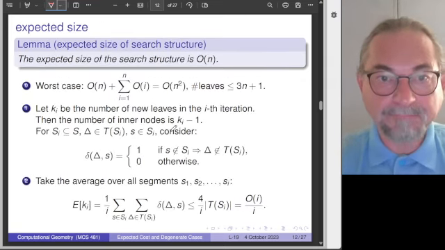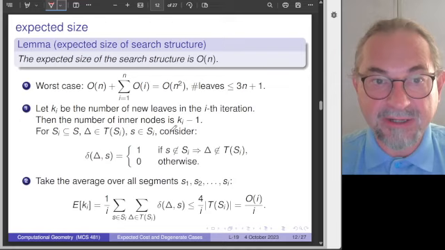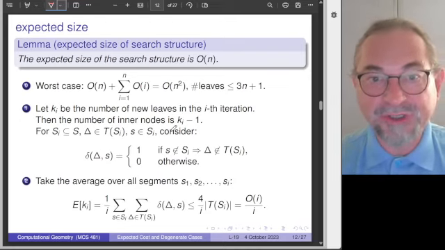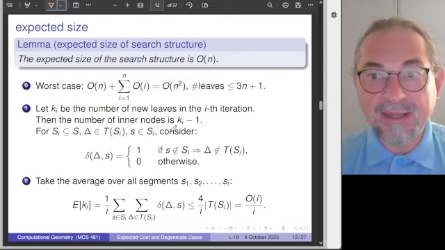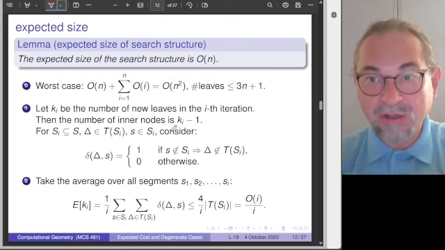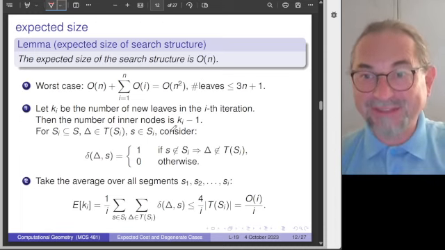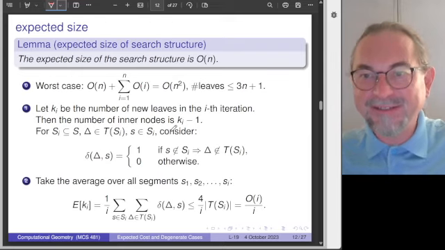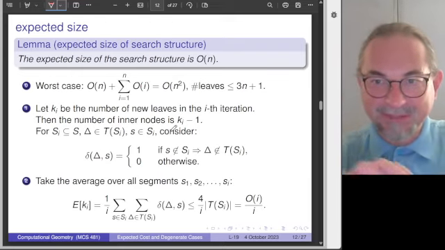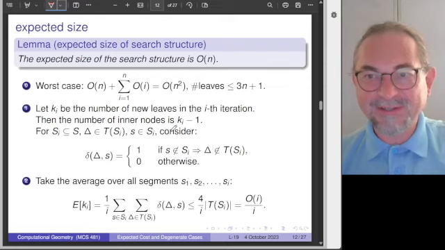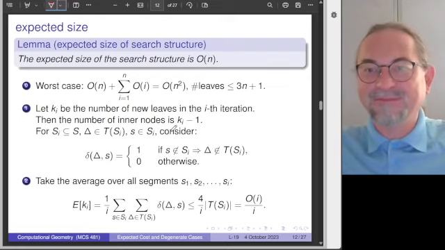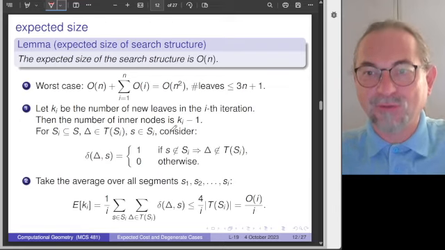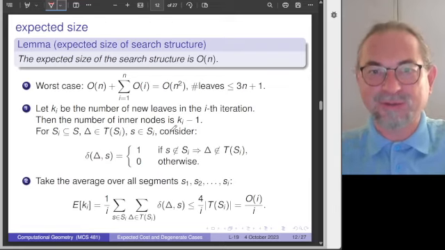Okay, what is the expected size? Again, why do we need expected? Well, that is the worst case. If we are really unlucky, and let's say that we save the largest line segments for last, then we have meticulously built all our trapezoids, and then with one stroke of the pen, we build one road that intersects all the trapezoids.